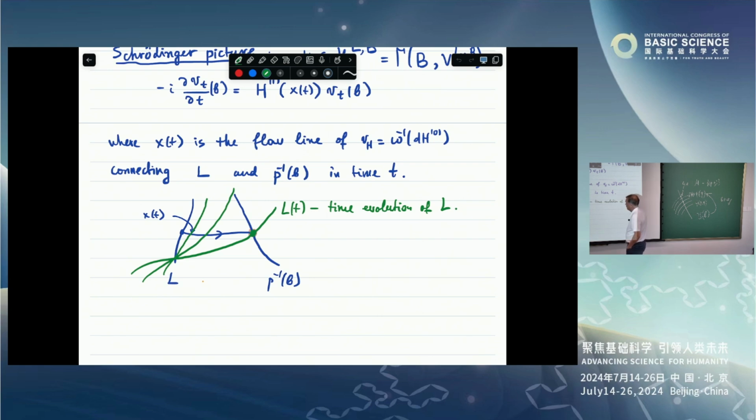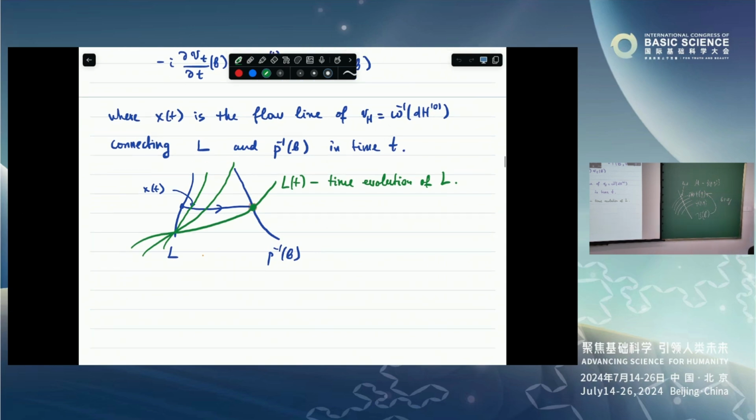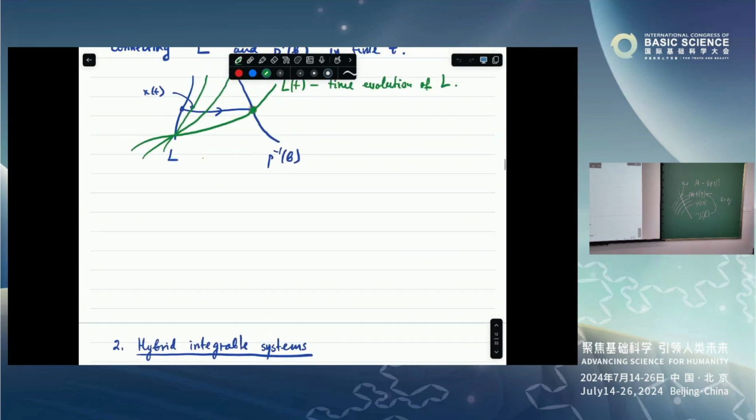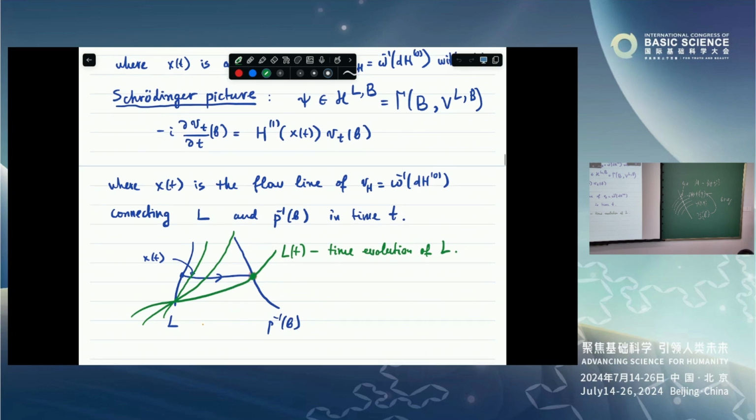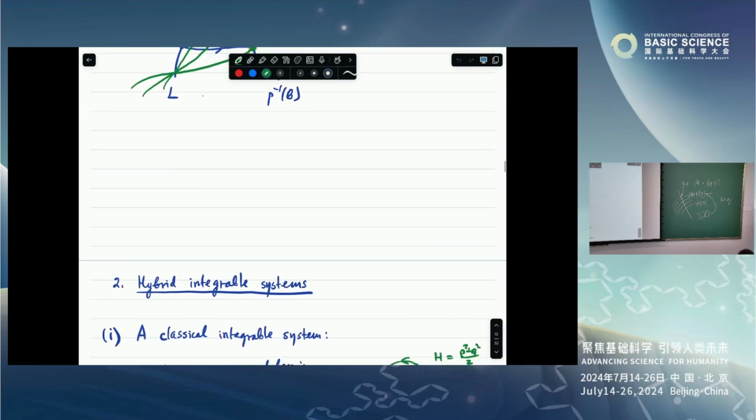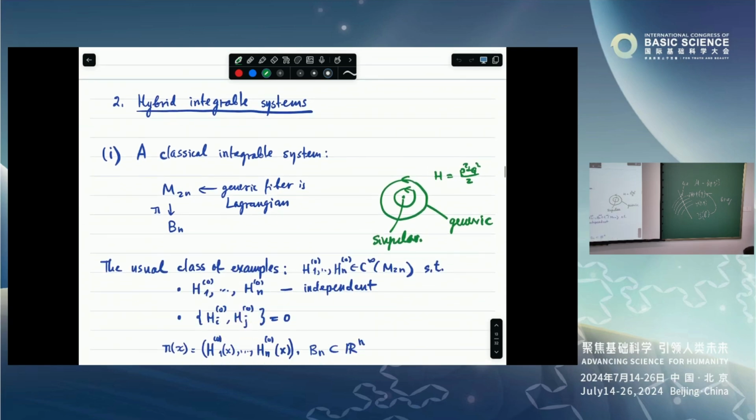So this is what xt is, and this is the picture. So this is how you can interpret it. So this is the hybrid evolution in Schrödinger picture in the Lagrangian representation of quantum of the hybrid algebra of observables.